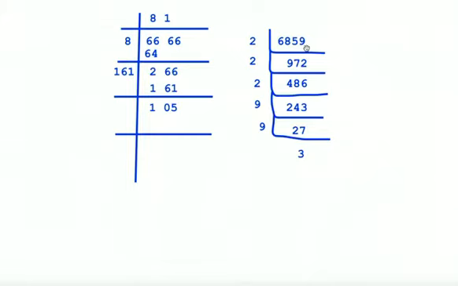It won't go by 11 either. 13 we have to check again. It won't go by 13. 14, 15, 16, 17. It won't go by 17. It will go by 19.